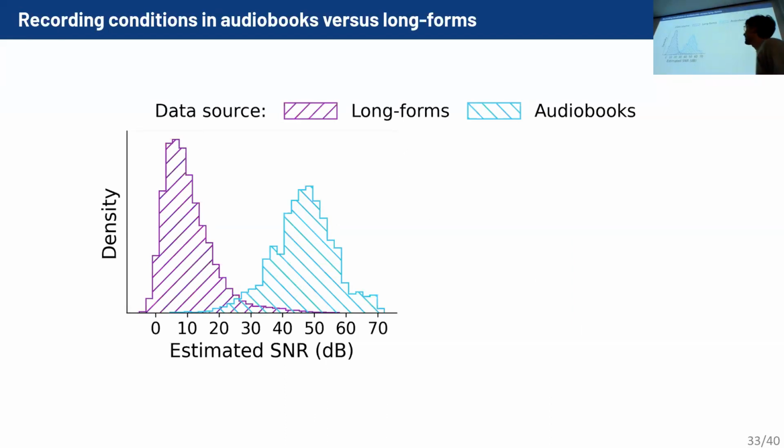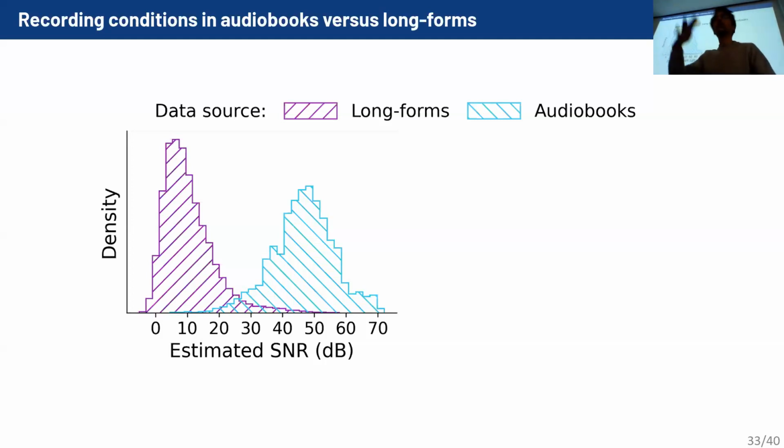We can ask the same question about the recording conditions. We knew just by listening to the audio that long forms were quite noisy, but we didn't have a way to measure that quantity of noise. So we had to build a model that extracts the speech-to-noise ratio and the C50 measure that I'm going to present a bit later on from the recording.